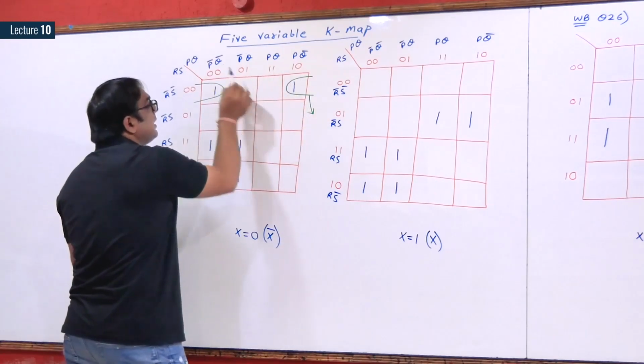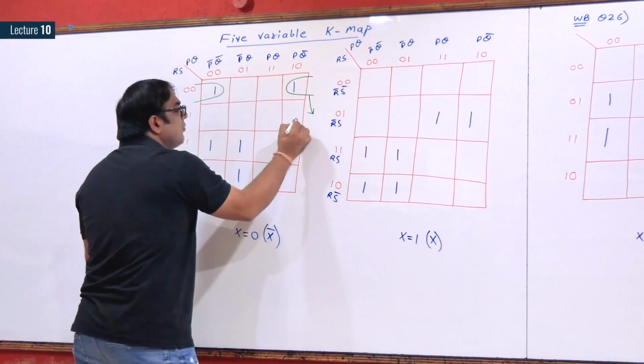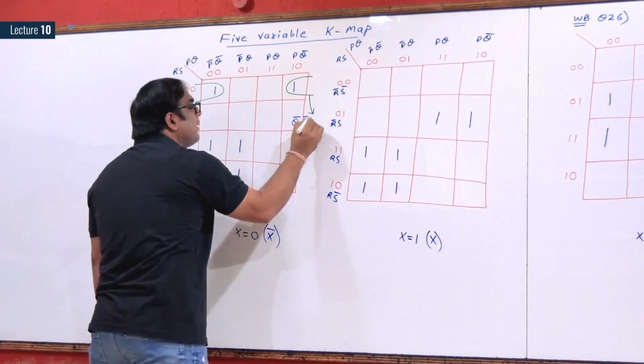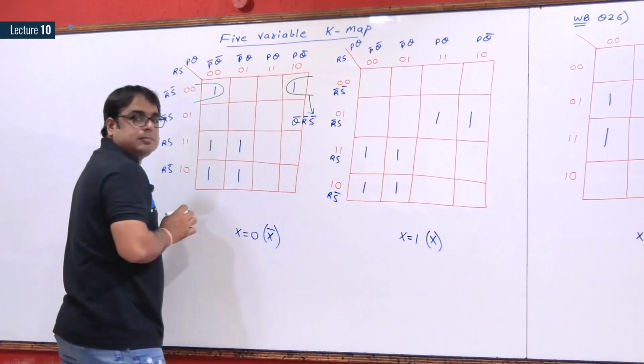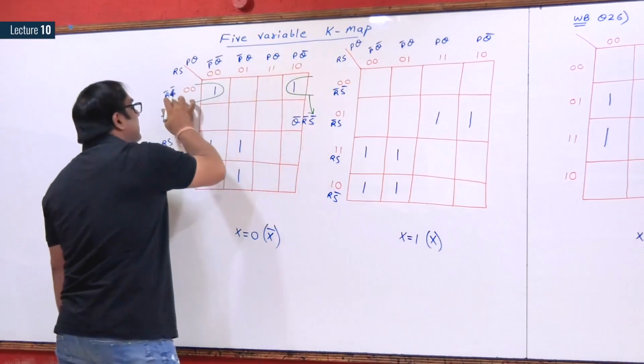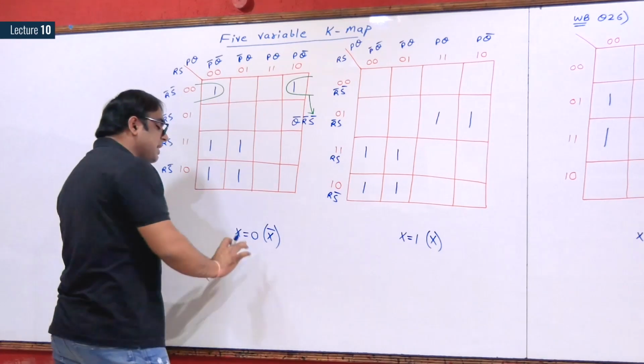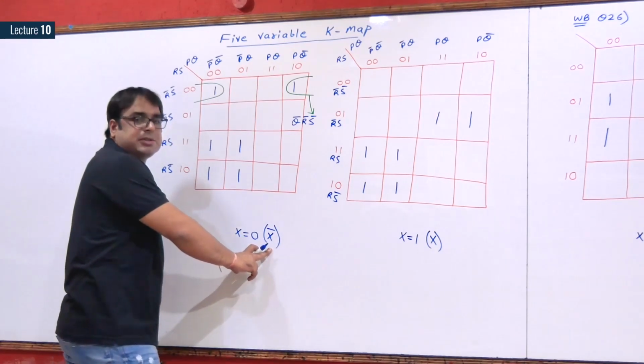Now see the term for this pair. From here Q complement is common, and from this side R complement S complement is common. Q complement is common, R complement S complement is common, and this K-map corresponds to X complement.